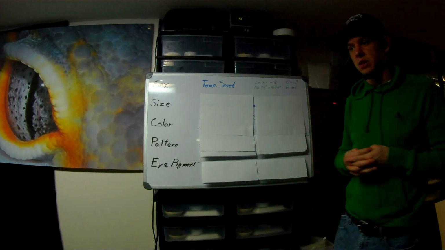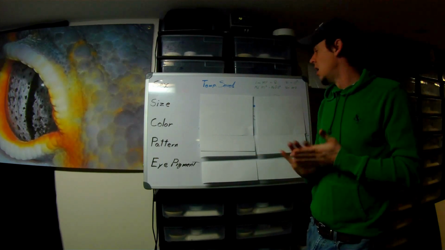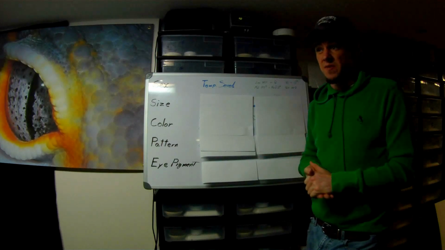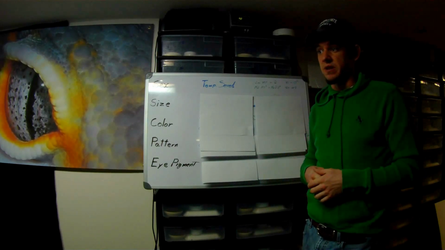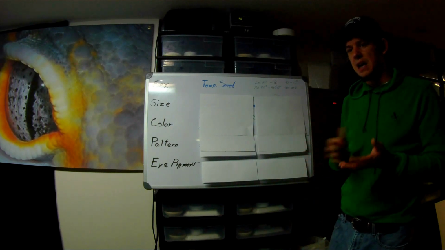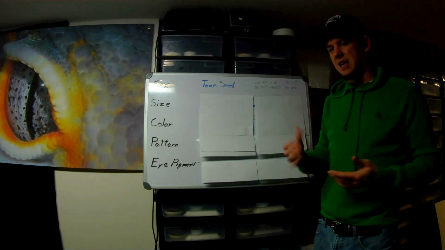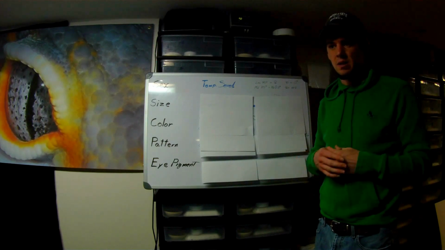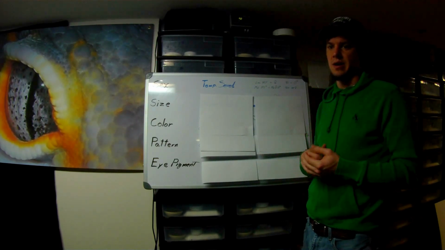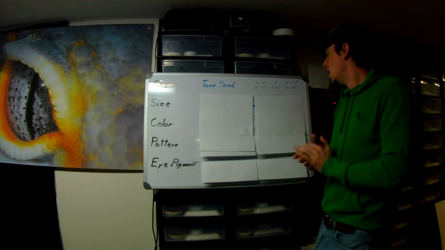In the mid-80s, you'll get a mixture of males and females, about a 50-50 mix depending on the temperature. At around 85 or 86, you're going to get a mix. At 87, you'll probably get a little more males. At 84, you'll probably get a little more females, if not a lot more.